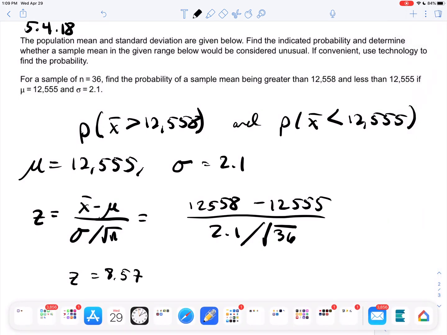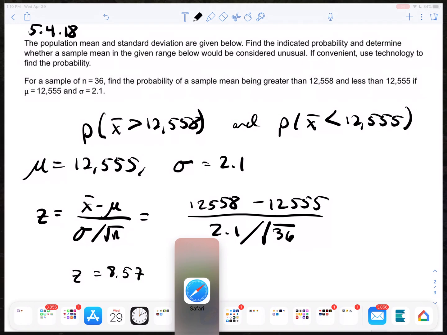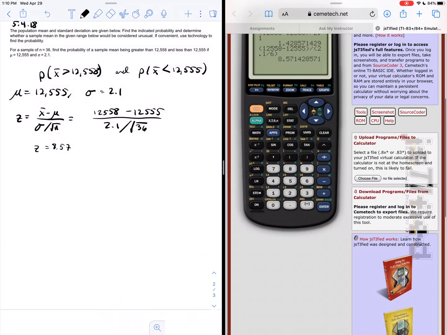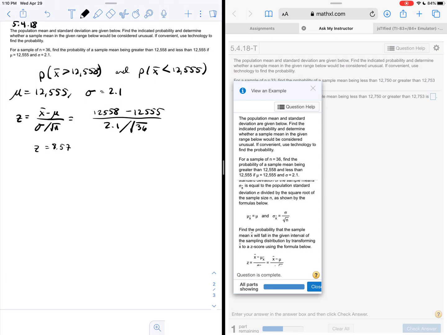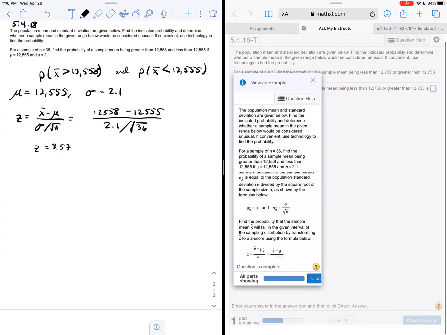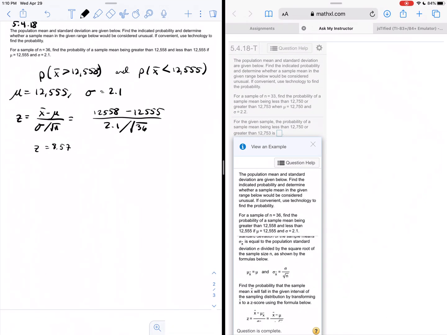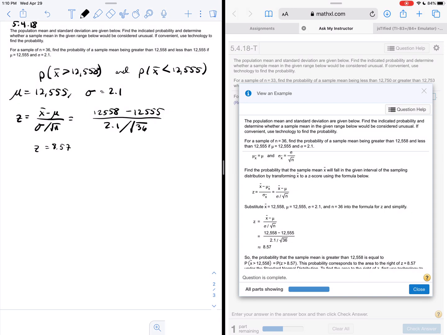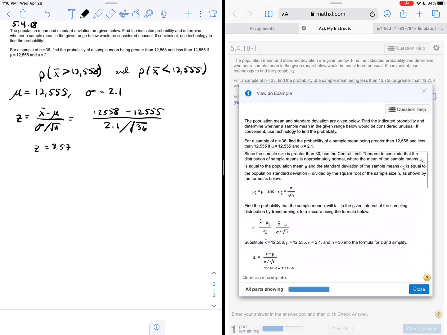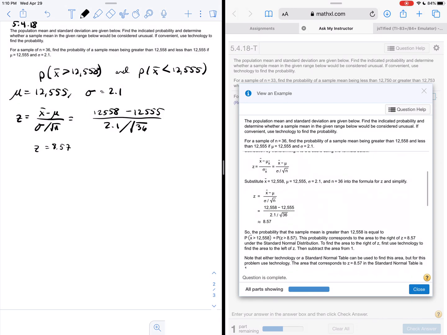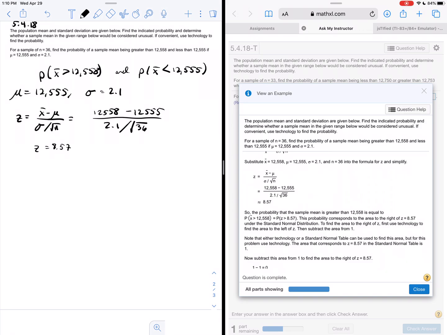I'm not sure if the student is aware of the question help or not, but this little menu that I'm pulling up here, you all actually have access to this. Let me go back to this. It says the probability the sample mean is greater than 12,558 is equal to the probability that the z-score is greater than 8.57.